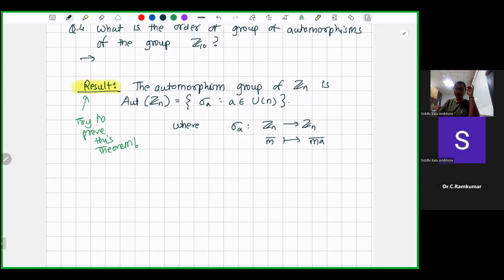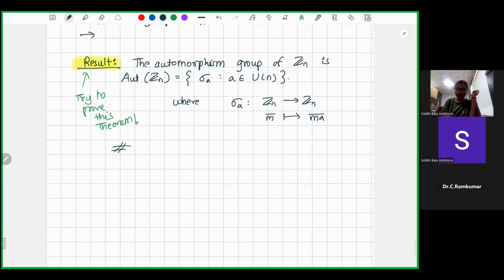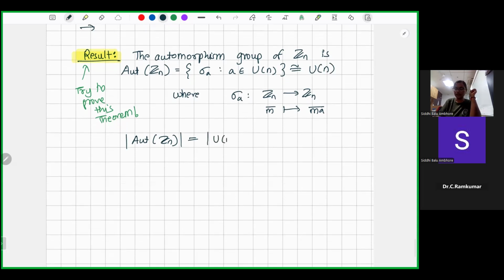Okay, and so if I want to find the cardinality of Aut Zn, then since it is the set of sigma A such that A belongs to Un, this needs to be isomorphic to the group Un. So the cardinality of Aut Zn is the cardinality of Un.